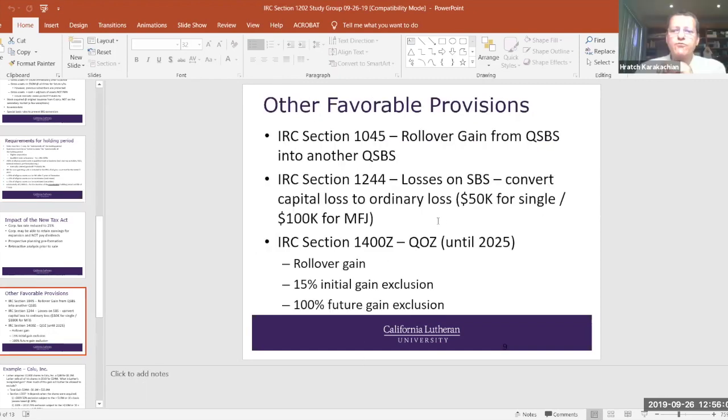Here are some sister provisions. The rolling over that you were thinking about earlier in the presentation is under section 1045. So 1202 allows the exclusion of the gain. 1045 allows a rollover of the gain. And here, the holding period is only 6 months. Only 6 months.